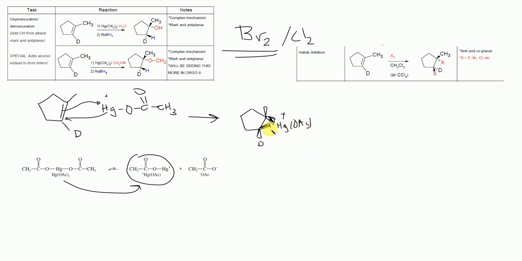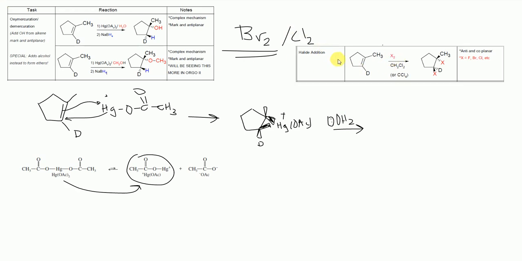Now what happens at this point is just as before. Let's say I'm looking at the first reaction, and I'm doing this in the presence of water, so I have this H2O.